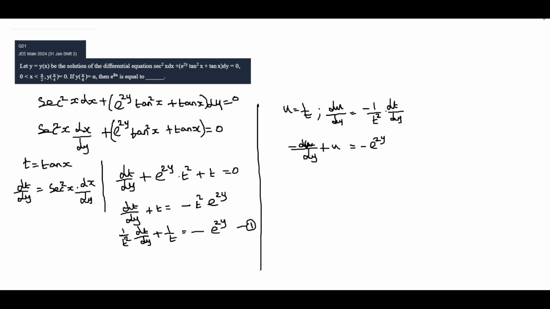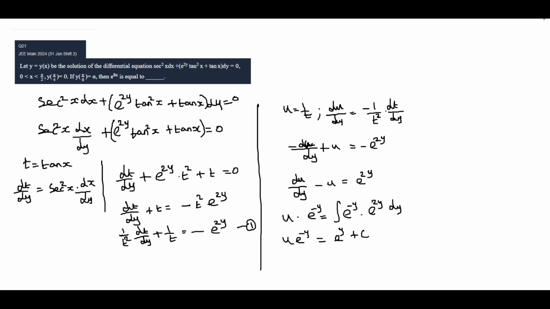Now multiply with the negative sign, so du by dy minus u equal to e power 2y. Now it is a linear differential equation, so u into e power minus y is equal to the integral of e power minus y into e power 2y dy. So u e power minus y equal to e power y plus c.